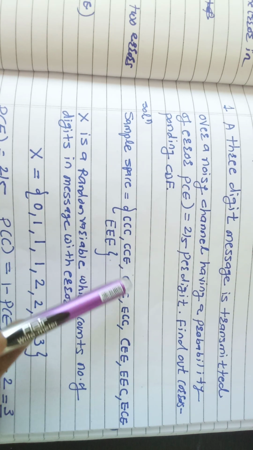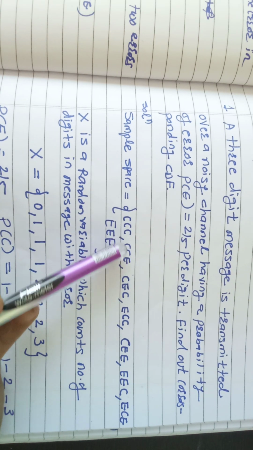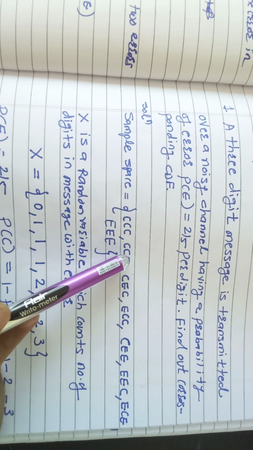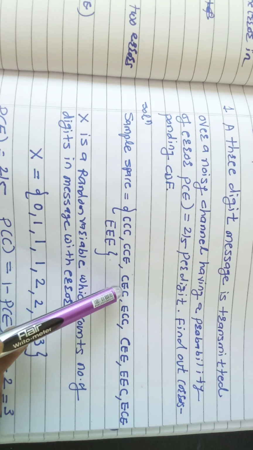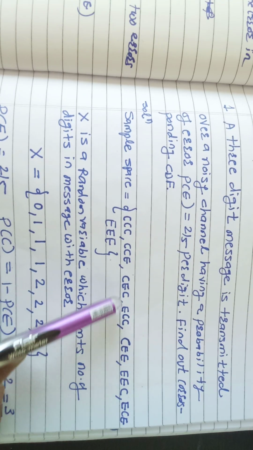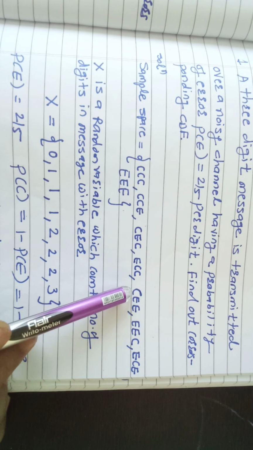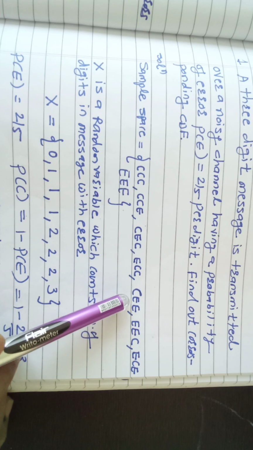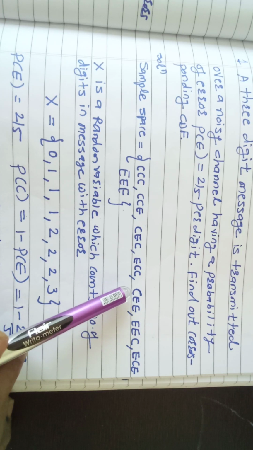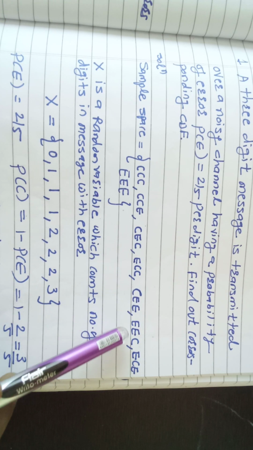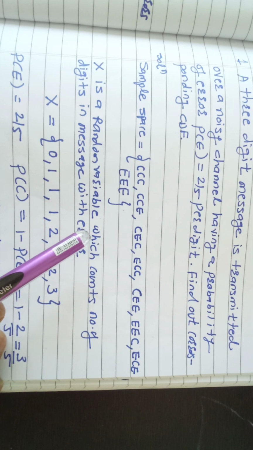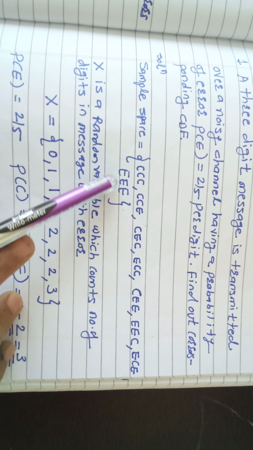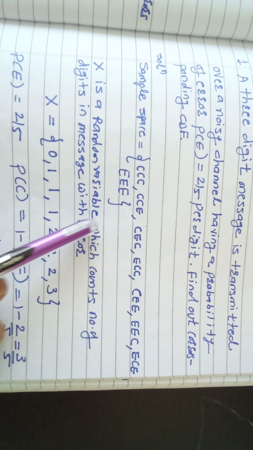A single error can appear in 3 different places, so CCE, then CEC, and ECC. After that, if there are 2 digits in error, it can be written as CEE or EEC or ECE. The last case could be that every digit is in error, so triple E. So this is your sample space.